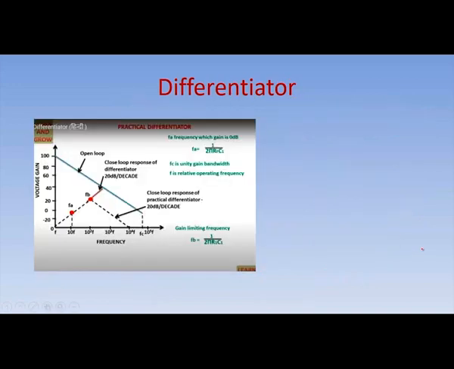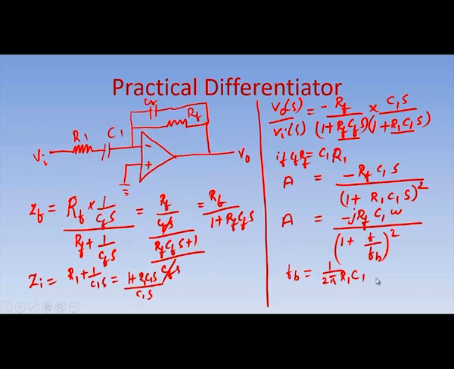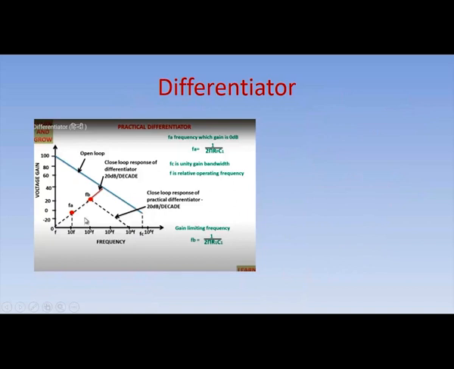So, now you look at the frequency response of the differentiator circuit. Here we have calculated Fa in the ideal differentiator. Now we have calculated Fb, which is nothing but 1 by 2 pi R1 C1, and the gain related to this Fb is minus RF C1 j omega divided by 1 plus F by Fb. So, this F is the frequency of the input signal, and Fb is the frequency we have derived now. What happens is, up to this Fb, the gain is increased at the rate of 20 dB per decade.